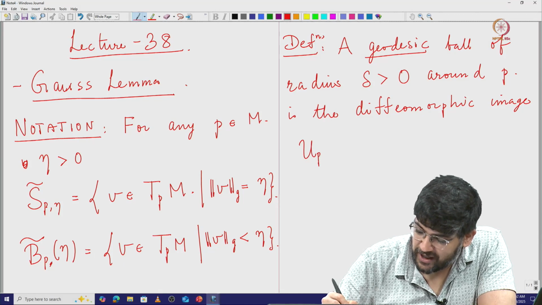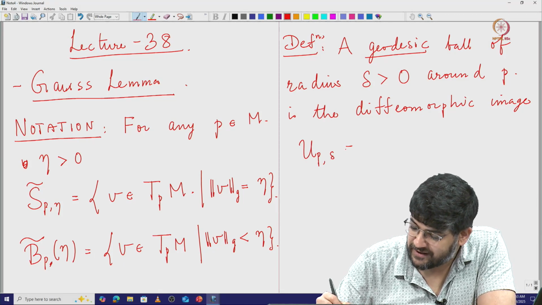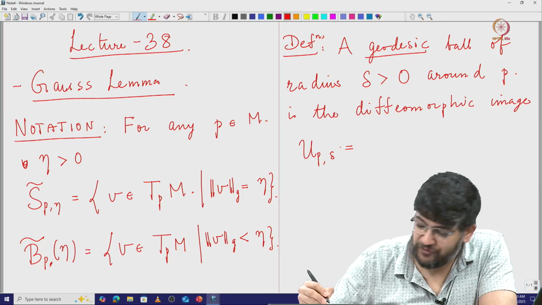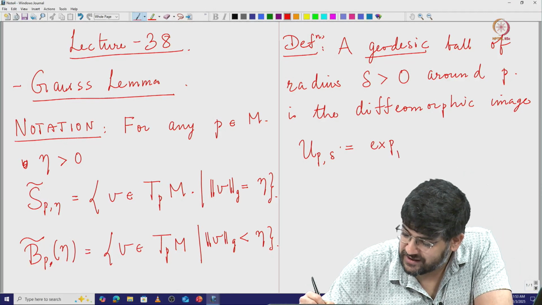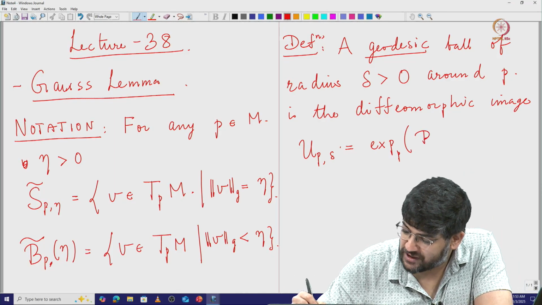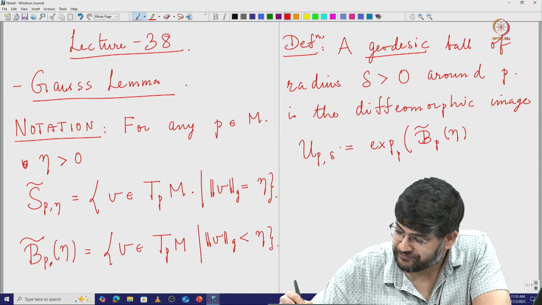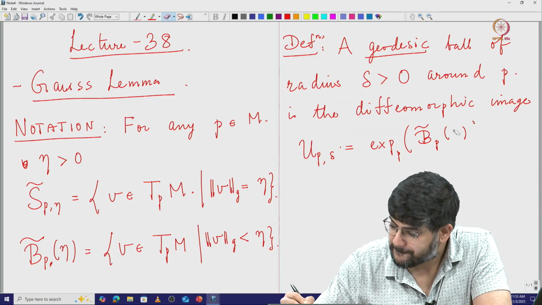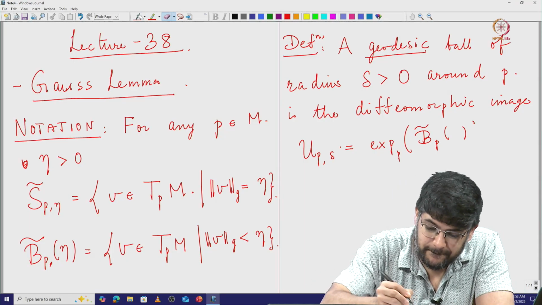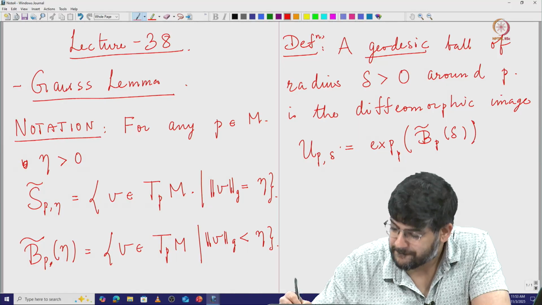I will denote it by U_P delta. By definition this is the diffeomorphic image under the exponential map of the corresponding ball in the tangent space.